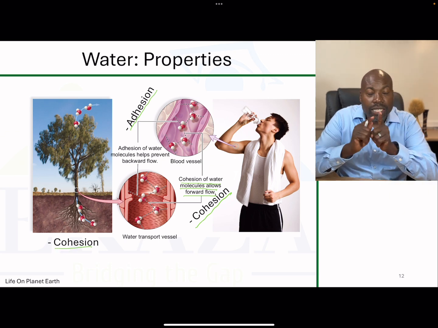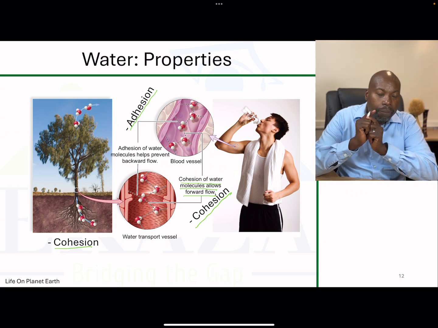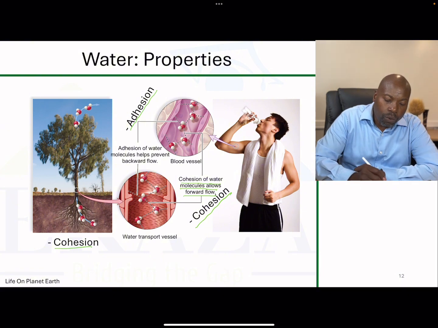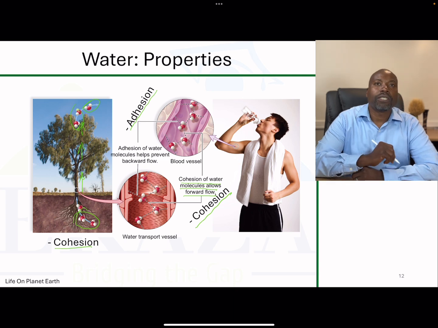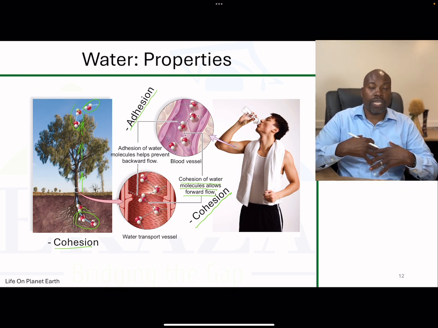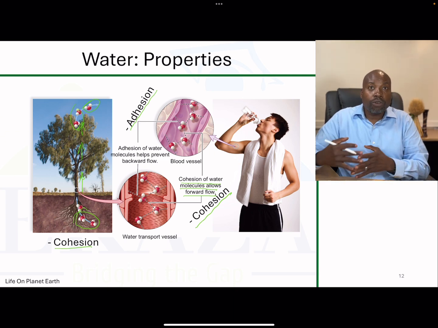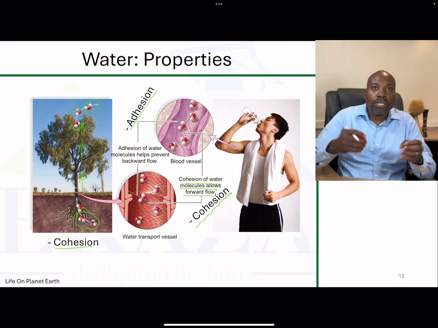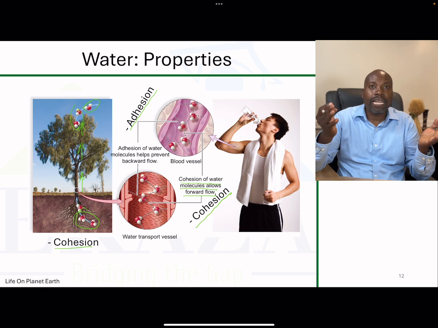Now, cohesion is the reason why a tree, such as an oak tree, can suck water from the ground and pull that water all the way up until you have an evaporation of water from the tree, right? Water in the ground is in the form of liquid. Evaporation is water in the form of gas, right?